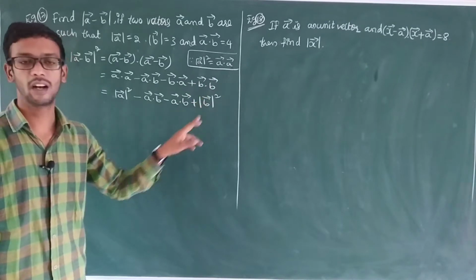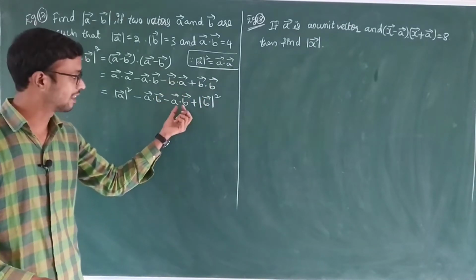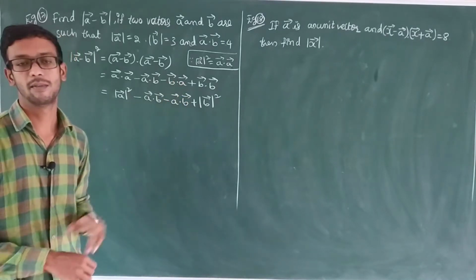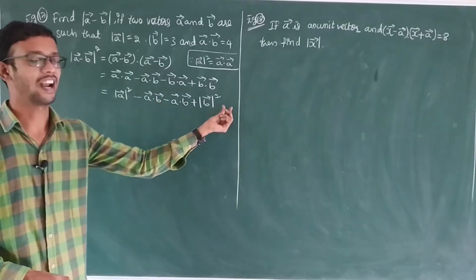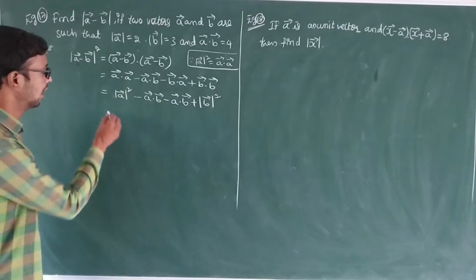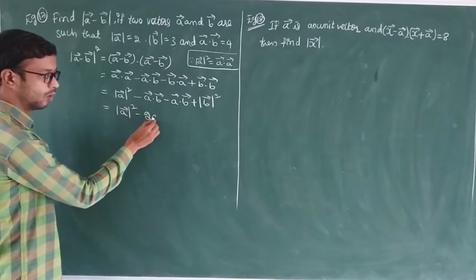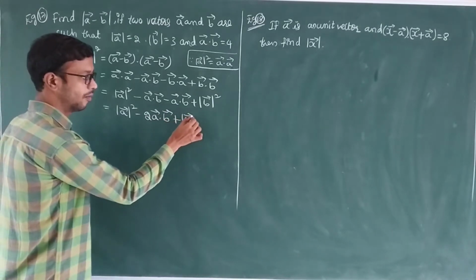Here B is there. So magnitude of B bar square is how to write. And here you observe, this is the commutative property. B bar dot A bar and A bar dot B bar both same only. So interchanging I am making here, since you can write commutative property. This is equal to magnitude of A bar square minus 2 A bar dot B bar plus magnitude of B bar square.